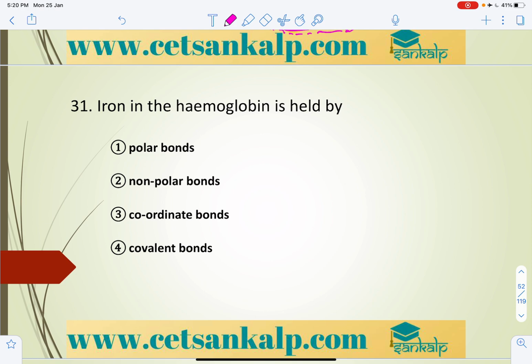Next, iron in the hemoglobin is held by. We know that is the heme group, Fe2 plus.